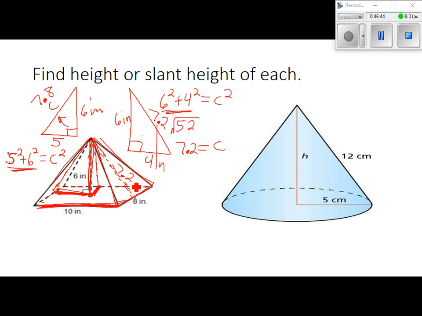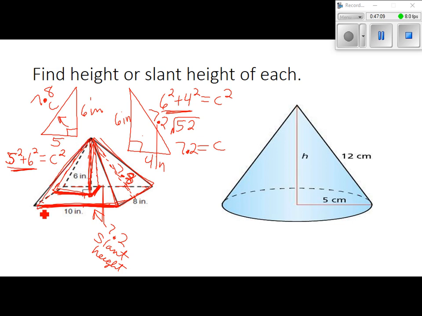If I'm coming down the front, no, hold on, I'm sorry, that's wrong, that's 7.8. Coming down that side, 7.8. If I'm coming down the front or the back, the slant height is 7.2. And then you could use that for whatever you need it for.